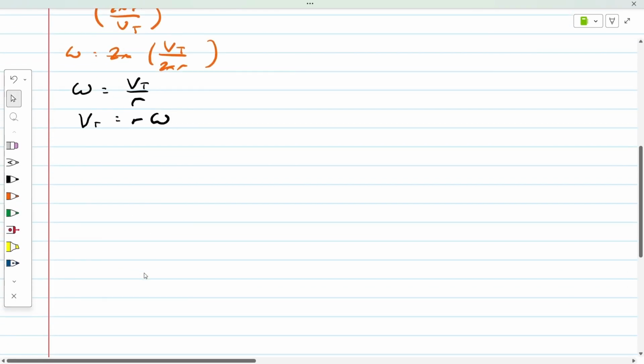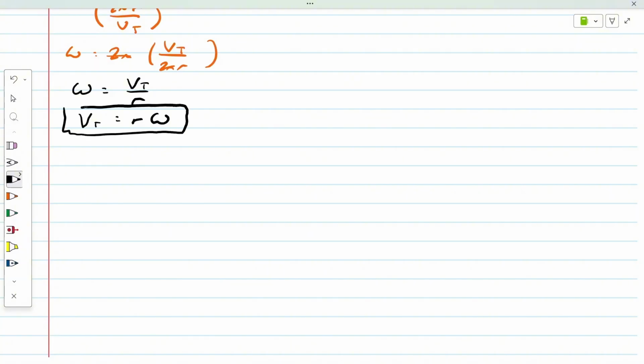Now we have a way to relate the linear velocity to the angular velocity. Likewise, the tangential acceleration is equal to the radius times the angular acceleration, and that's simply the definition of tangential acceleration.